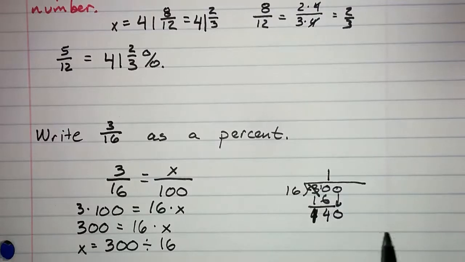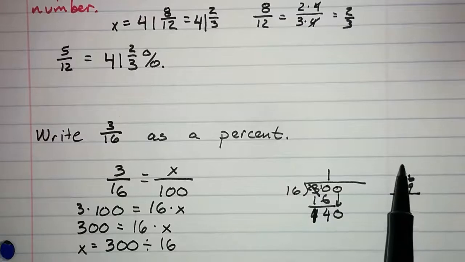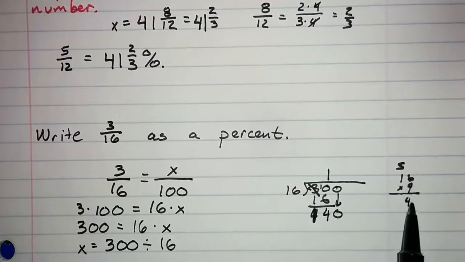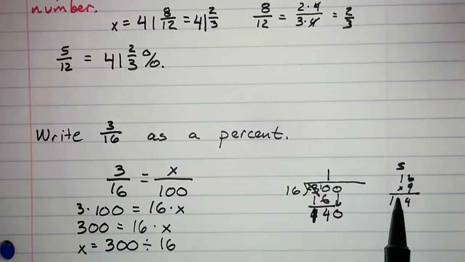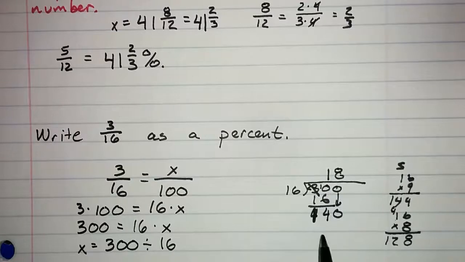16 goes into 140. I don't know, but it's probably a lot. Let's try 9. 9, 14. Nope, 9 was too big. Let's try 8. 8, 9, 10, 11, 12. Okay, 8 it is.